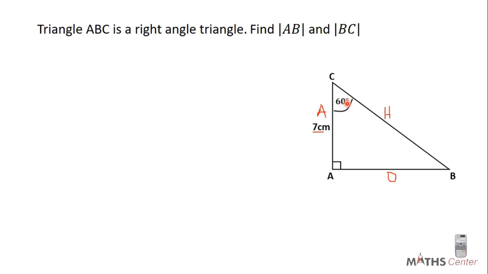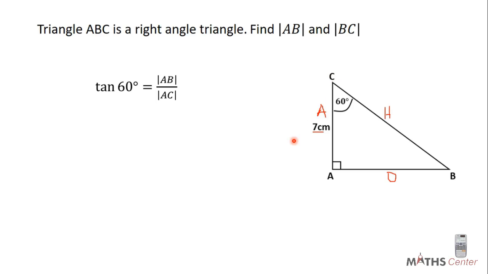So tan of this angle, which is 60 degrees, is equal to the opposite side, the length of AB, divided by the adjacent side, which is AC. So tan 60 is equal to opposite, which is AB, divided by adjacent, which is AC.